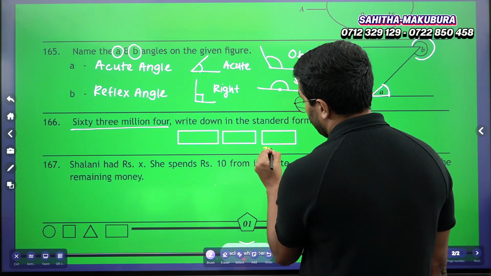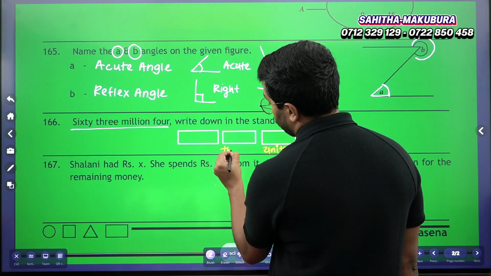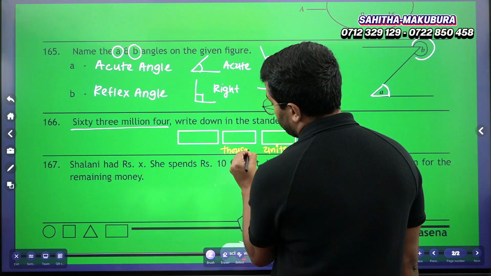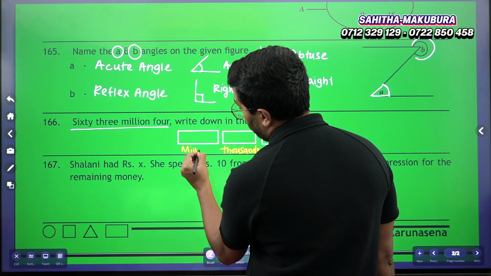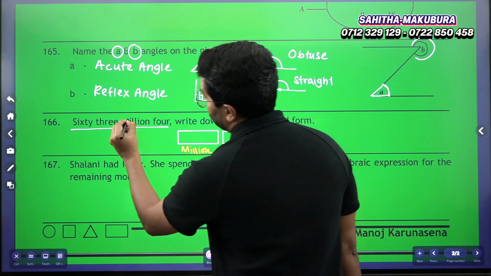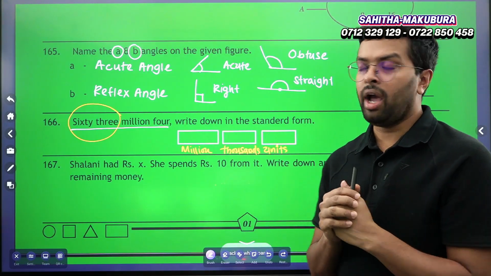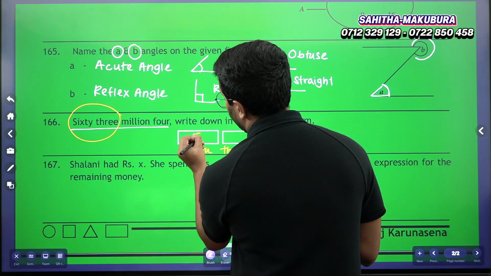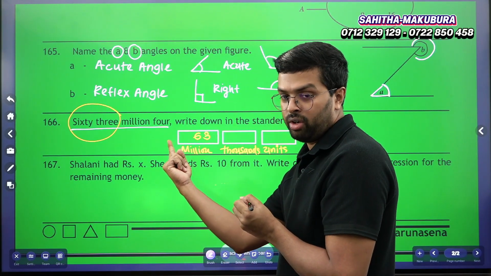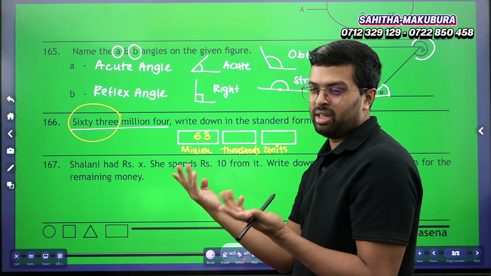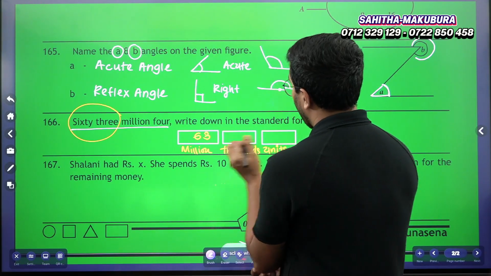So 63 million. Under the millions period, I need to put 63. If you want, you can put a 0 at the beginning of the number, but it isn't required at this moment. Okay, 63 million and then 4.